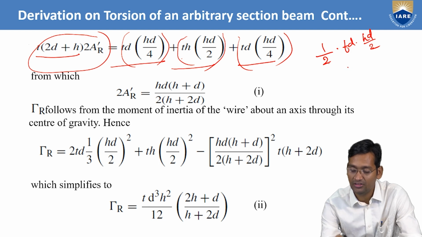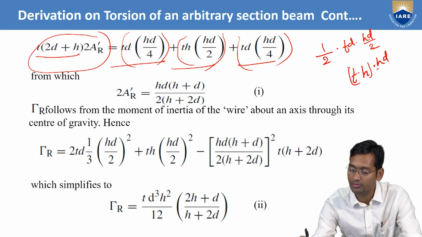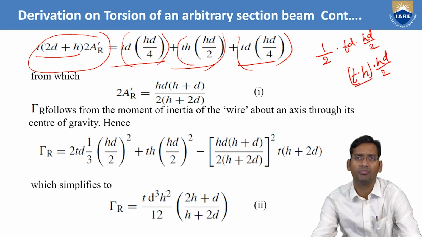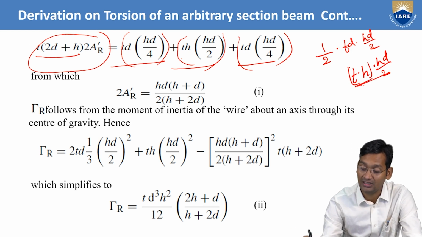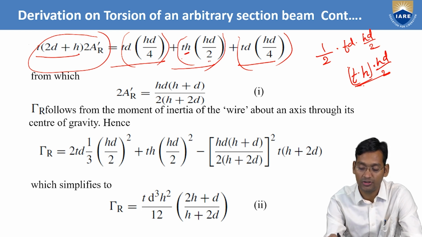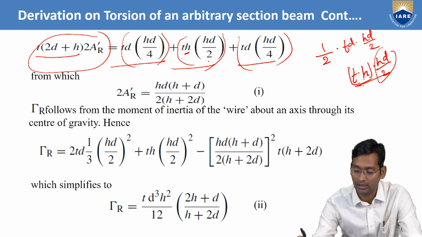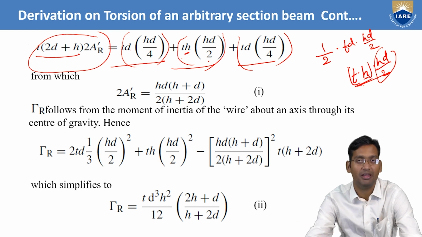And similarly here d was there. For this rectangle h is there, so t h into hd by 2, base into height or breadth into height. So this is for the rectangle, and t into hd by 2 is the area, and h is the distance to multiply.